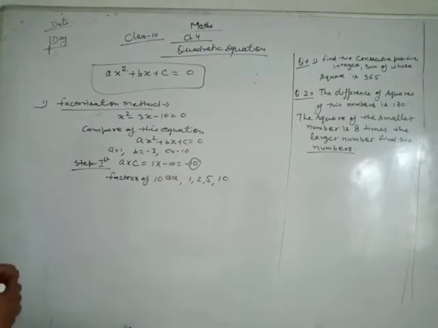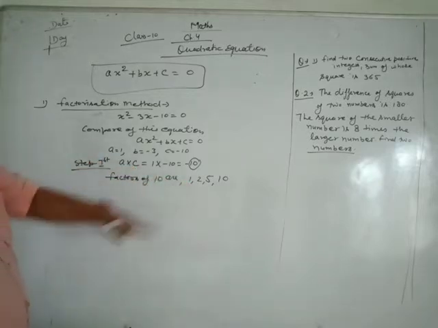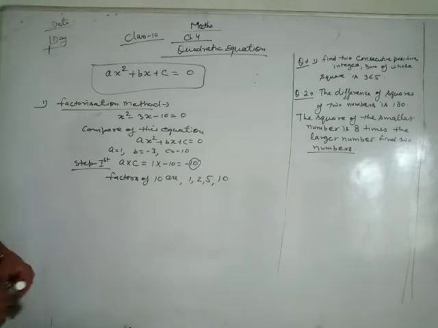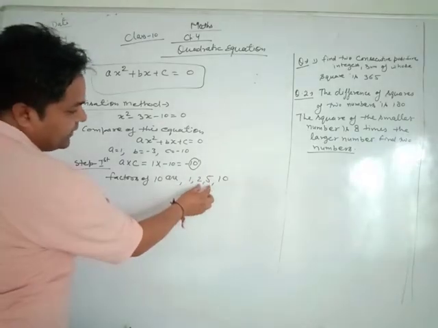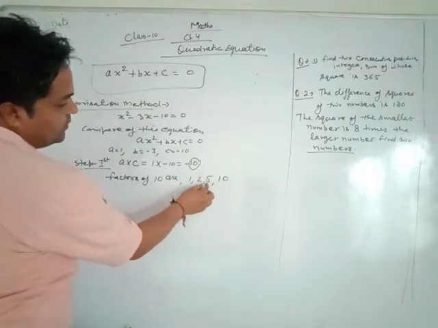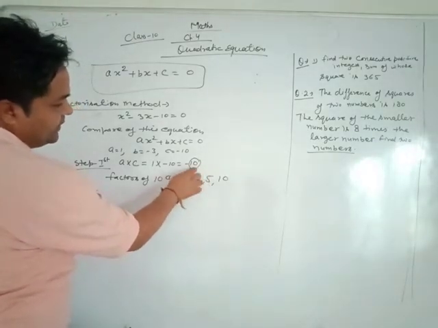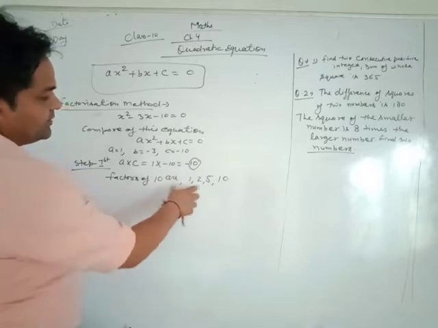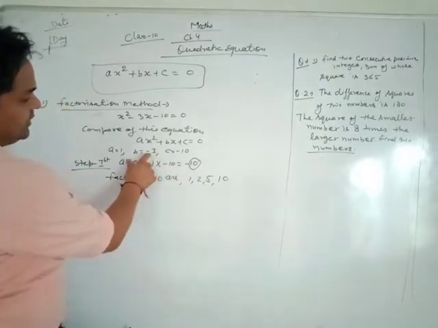Secondly, we choose two factors whose multiplication should be 10 and whose difference should be 3.